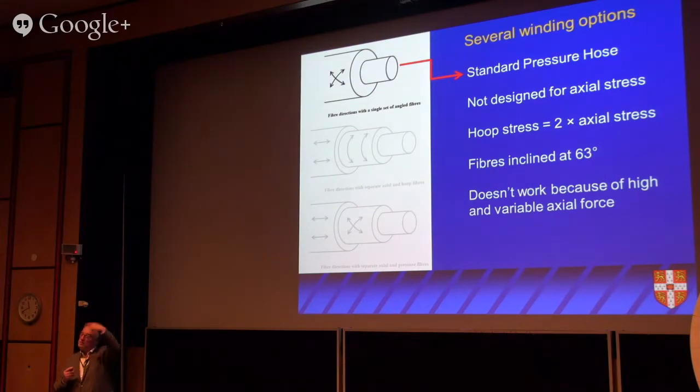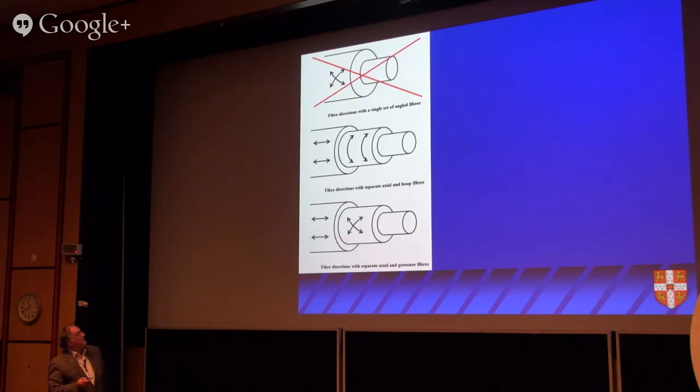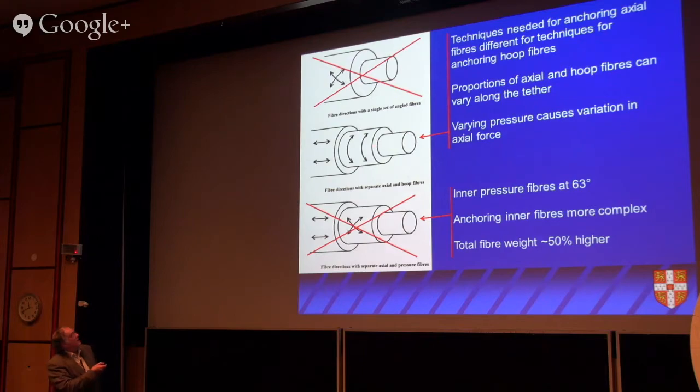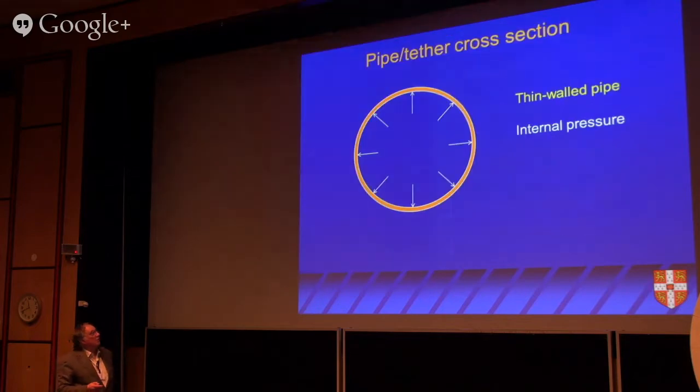But we're talking about forces which change as you go up, and you have serious abrasion problems with that. So we cut those out, and I'm going to skip to this quite quickly. We come to the conclusion that the best way of dealing with it is to have one set of fibres internally for dealing with the bursting, and then an axial tension element on the outside.